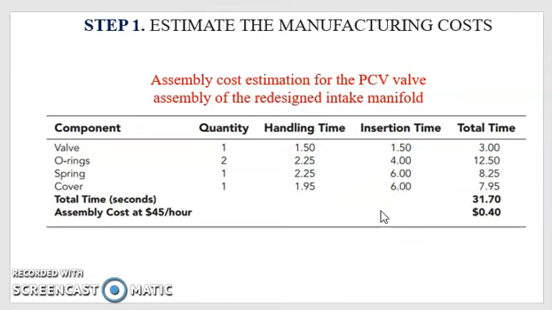Assembly labor can cost from less than $1 per hour in low-wage Asian countries. It costs around $40 per hour in some industrialized nations such as US and Germany. The table presented here depicts the calculation of the assembly cost estimation for the PCB wall assembly.